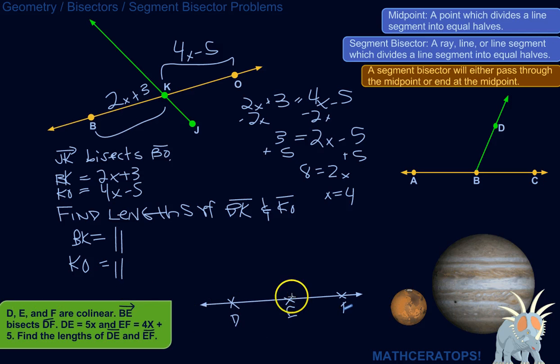All I know is that they're on the same line. It could be F over here and D over here and then E over here. But I know that BE bisects DF.